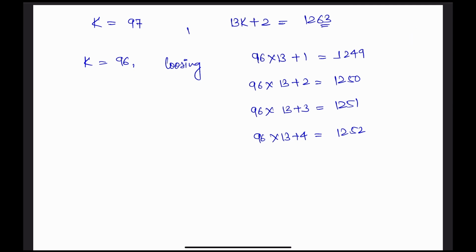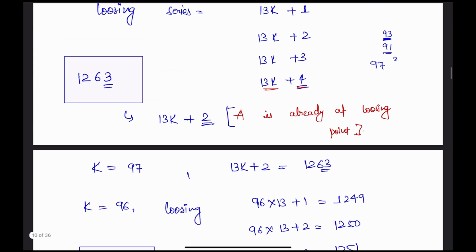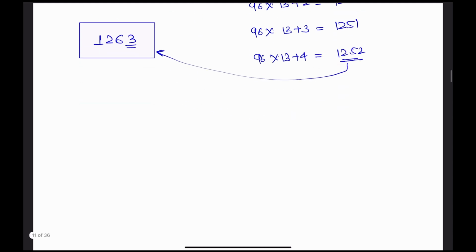And we are at 2063. So the nearest one is 2052, but still if he has to win, A has to bring him here.